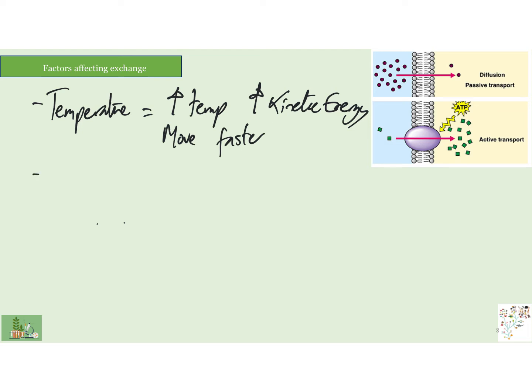The next one then is surface area. So if there was an area like that, then the number of different entry points or exit points are all of these.